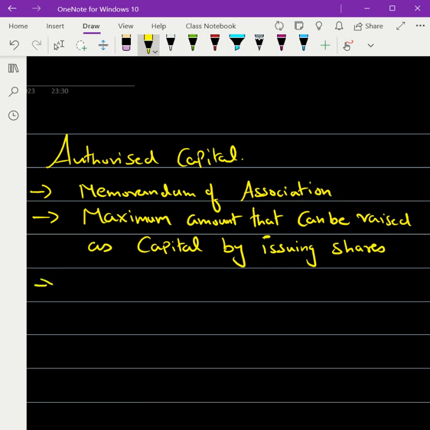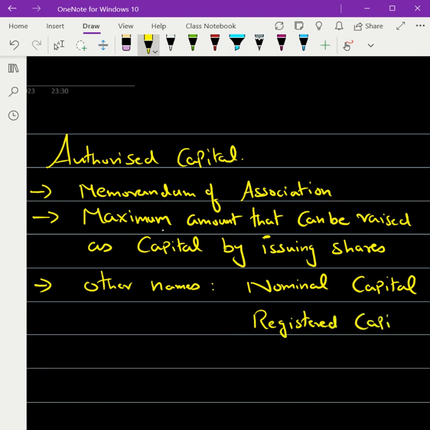The next point, as I said, is the other names, which is also very important. Other names of authorized capital are nominal capital, and otherwise it is called registered capital.